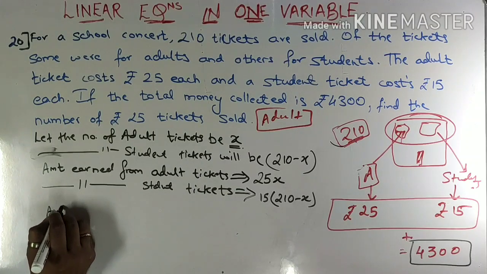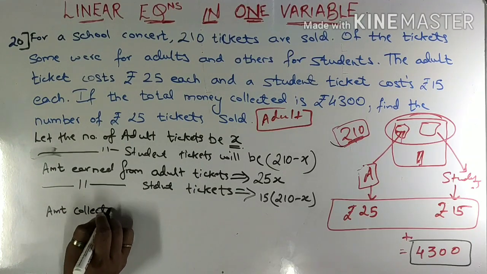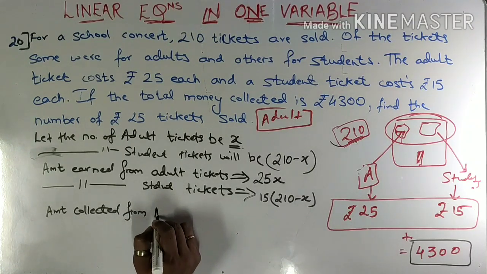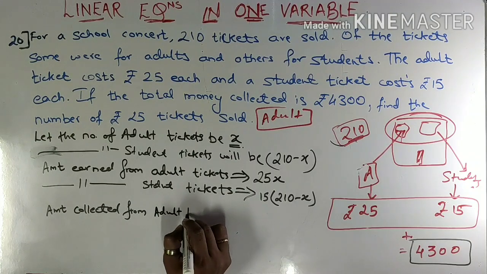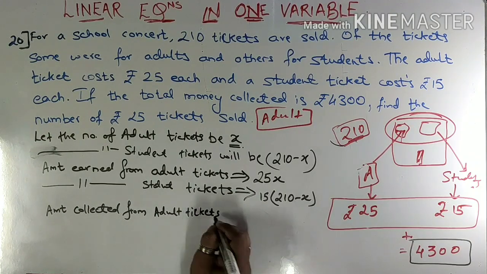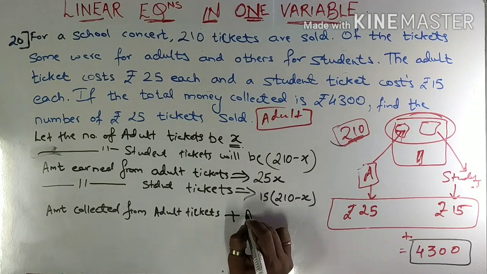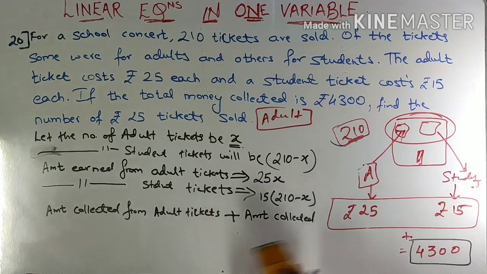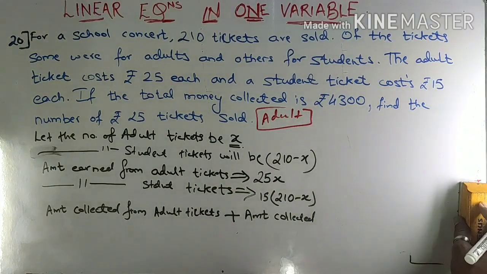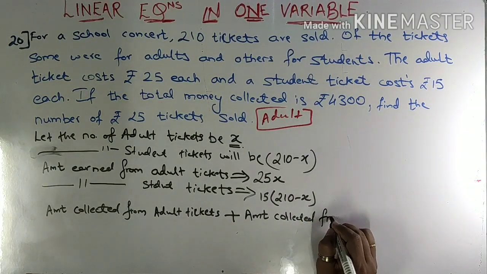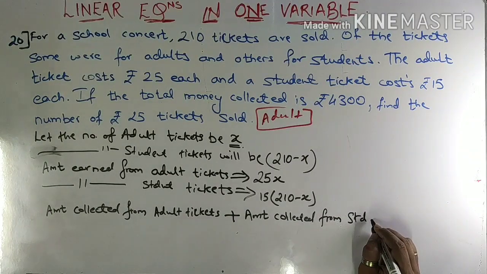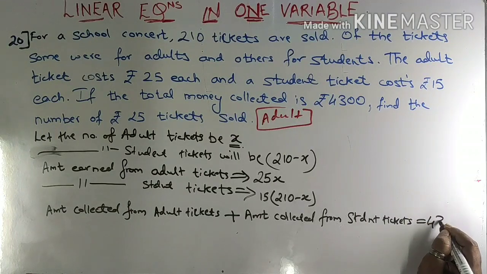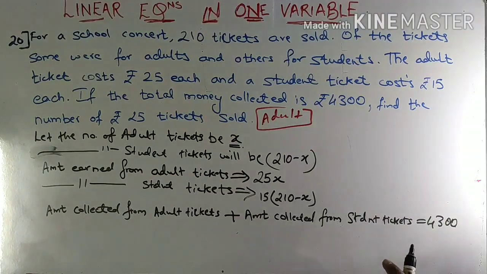So amount collected from adult tickets plus amount collected from student tickets is nothing but 4,300 rupees.